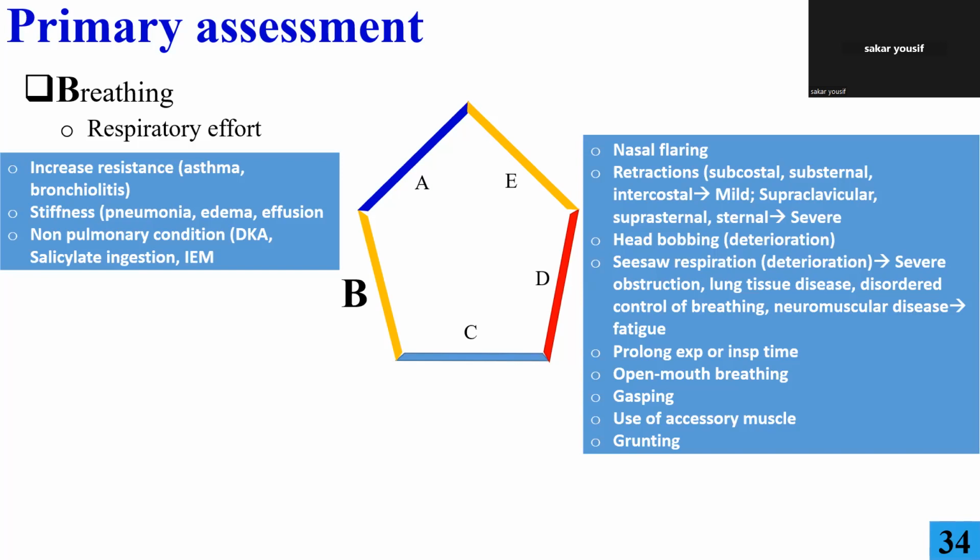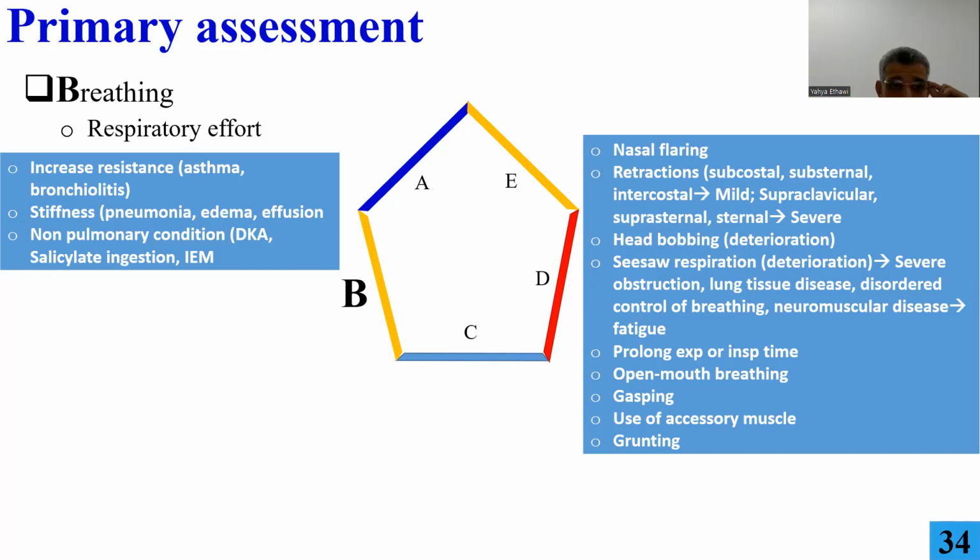Remember, grunting is not respiratory difficulty. Grunting is the reverse of the respiratory cycle, and it means there is deficient or absent surfactant. So either RDS or adult RDS. And it's life-threatening. When you see grunting, you need intubation or you need surfactant.